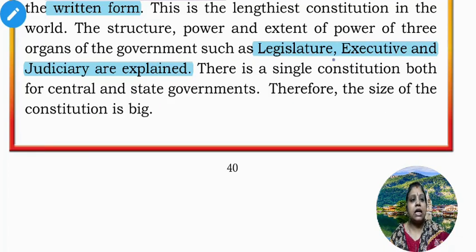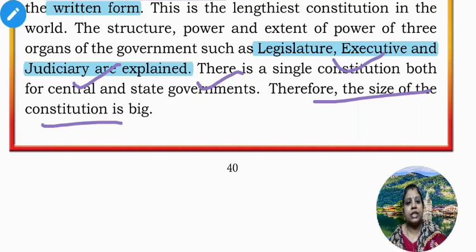There is a single constitution for both central and state governments. Our government functions are divided into two divisions: one is the central government and two is the state government. Therefore, the size of the Constitution is big.